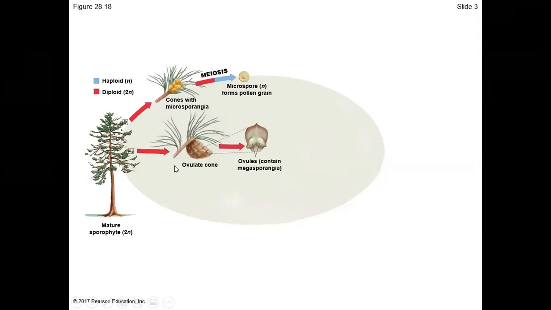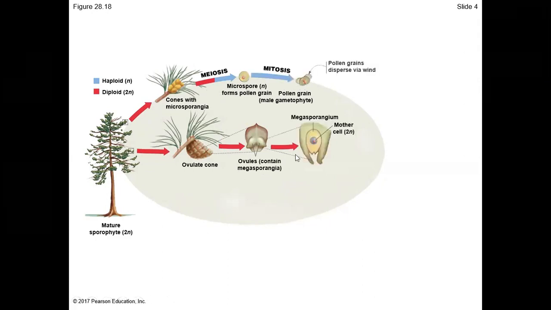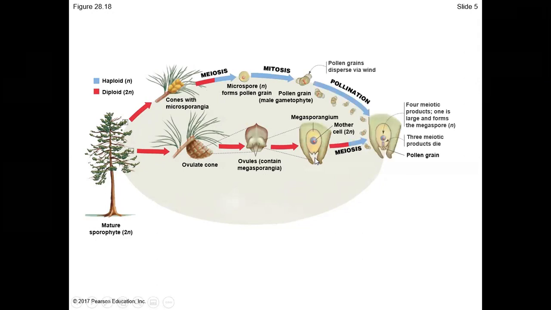On the other side of things, at the same time, we're forming our ovulate cones, which contain the ovules, and those contain megasporangia. The megasporangia contains our mother cell, which is diploid. And through meiosis, that mother cell will produce 4 meiotic products known as the megaspores, which are then going to be haploid. 3 of those are going to die, leaving only 1 megaspore to continue growing.